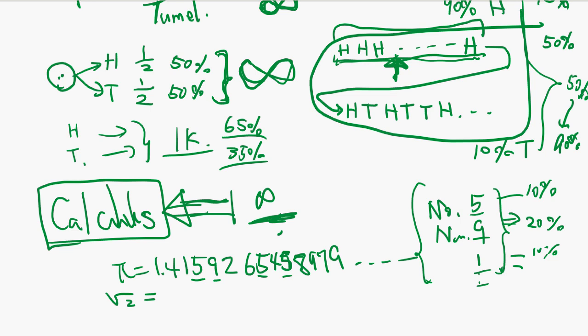You have to do infinite times. Otherwise, you cannot say how many 5s show up in this irrational number, the square root of 2. So we don't even know whether they show up at an even 10% rate for each number, 0, 1, 2, to 9.